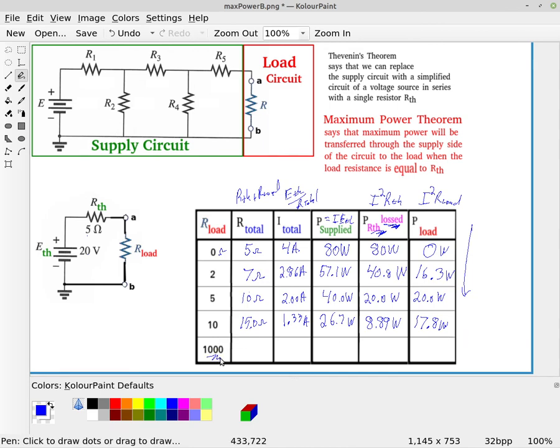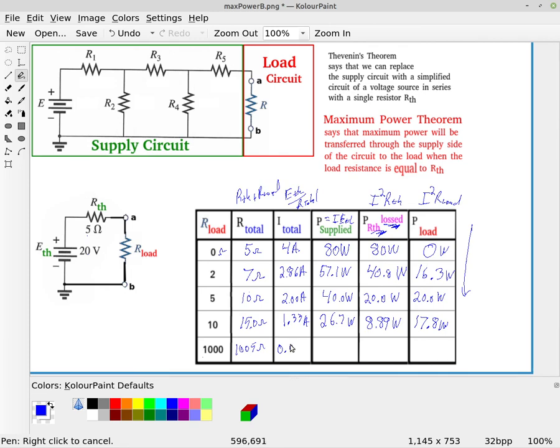Let's go all the way up to 1,000 ohms for the load. So the load resistance has increased, which means the actual load on the supply has decreased because the current is decreasing, right? So now we've got 1,005 ohms, which gives us a current. Our current has dropped dramatically, of course, because our load resistance has increased dramatically.